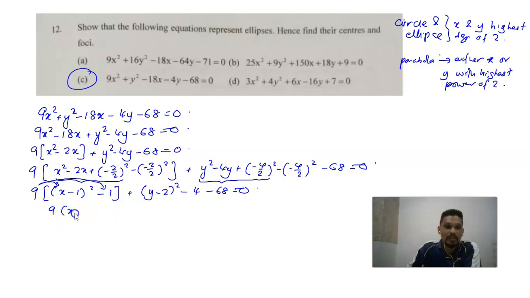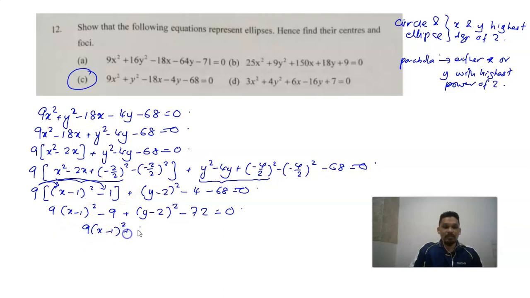So 9 times (x minus 1) squared minus 9 plus (y minus 2) squared, 68 minus 4, negative 72 equal to 0.